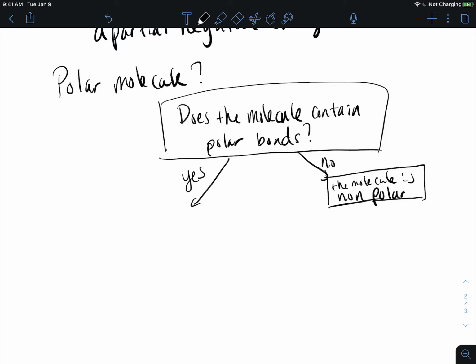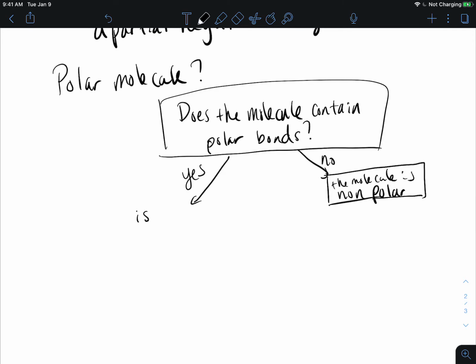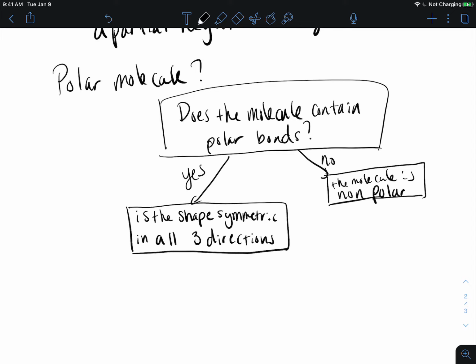But if the answer is yes, then we have to look and see if the molecule has symmetry or asymmetry. Symmetry means it's going to be nonpolar, asymmetry, polar. So next is the shape symmetric in all three directions. This is when we start to bring VSEPR into this.